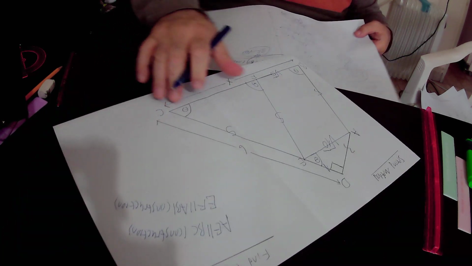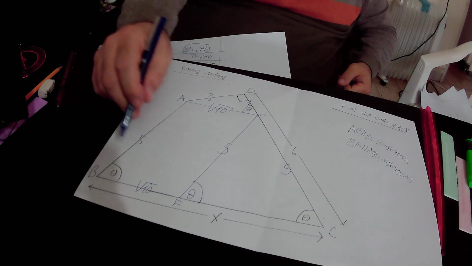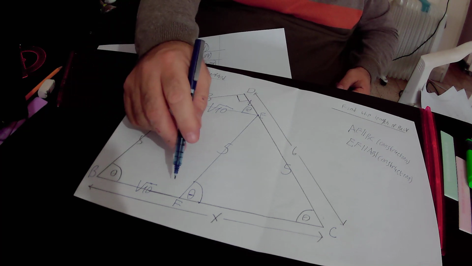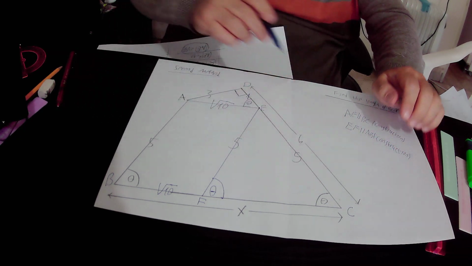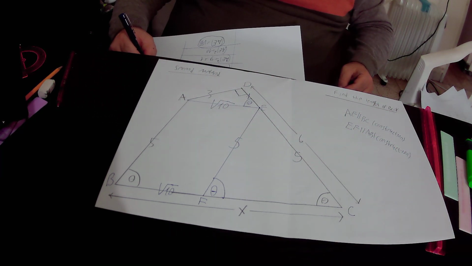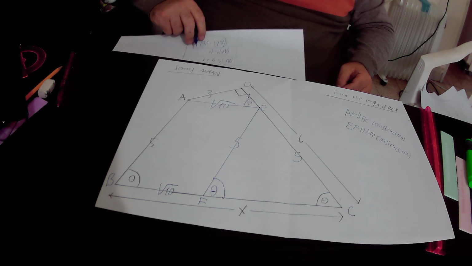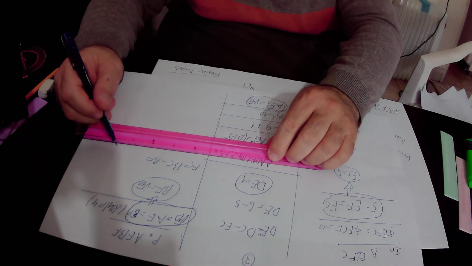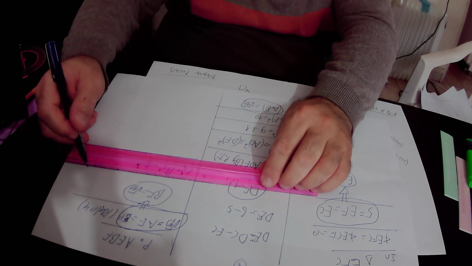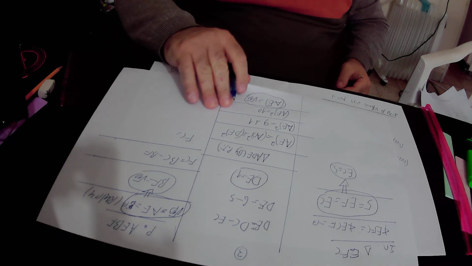Here it is very easy to see from the drawing that BC minus BF equals FC.